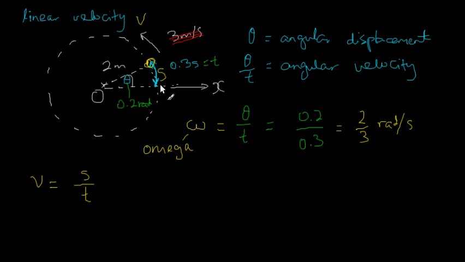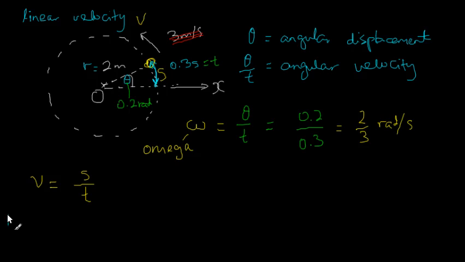Now the arc length is related to the angle and the radius. Let me call this radius r. There is actually a formula that relates arc length to the angle in radians and the radius, and this is actually the definition of the angle in radians.